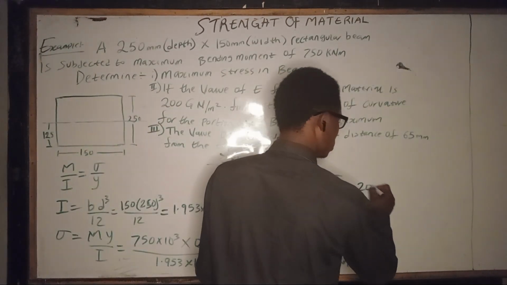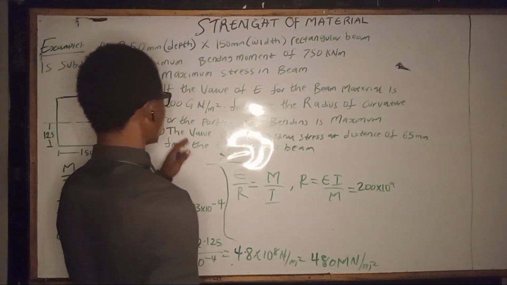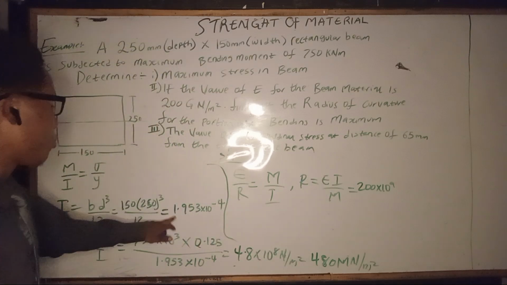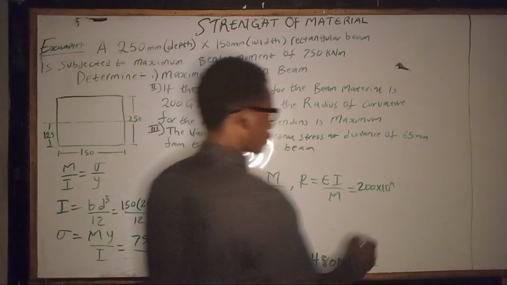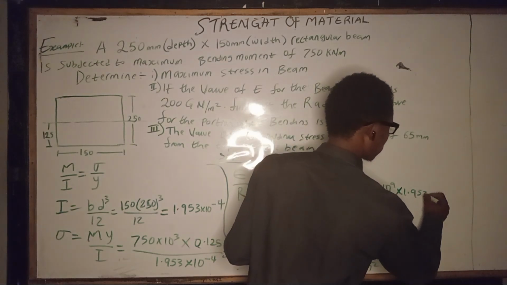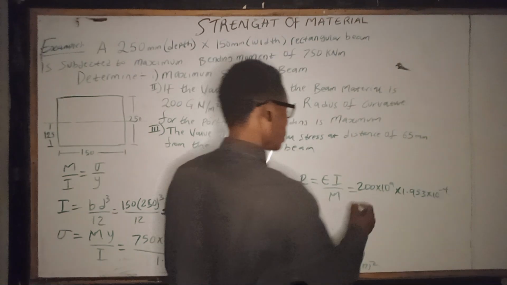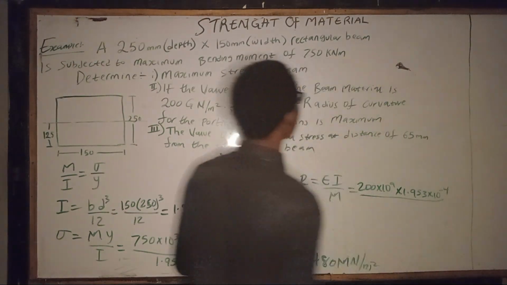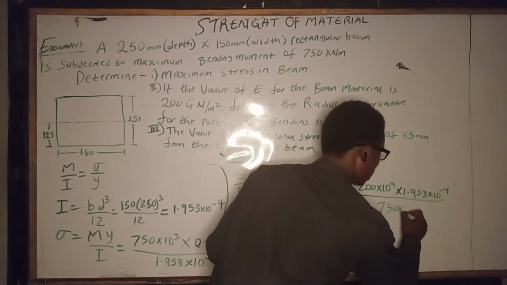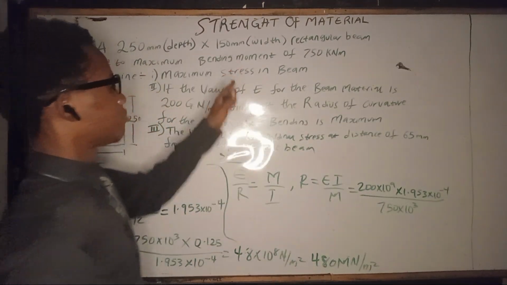So we have 200 times 10 raised to the power 9, then our inertia, 1.953 times 10 raised to the power minus 4, then divided by 750 times 10 raised to the power 3. That is the bending moment.